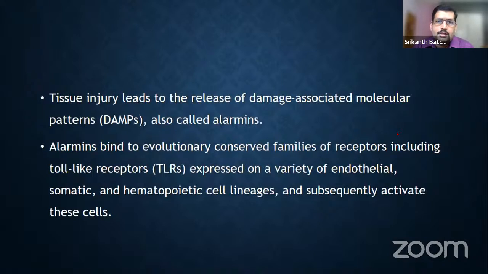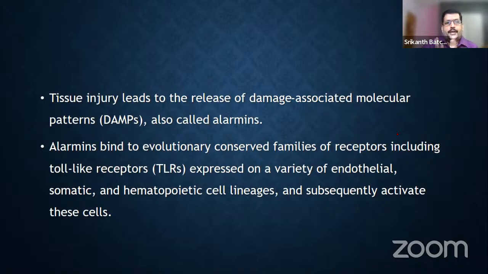These are also called alarmins because they alarm the human body that something bad is going to happen and you have to fight it out. The alarmins are actually intracellular, but when an external injury occurs, they come out of the cells and are secreted into the extracellular space.